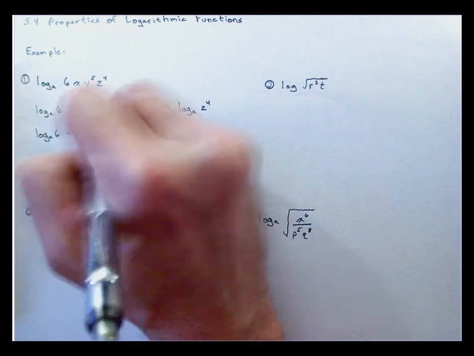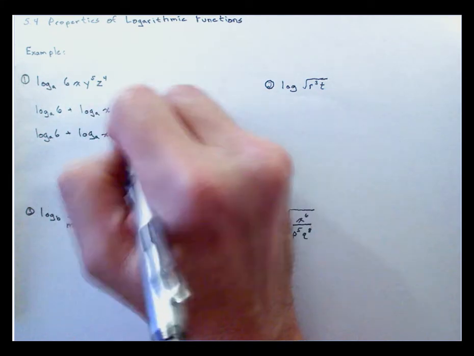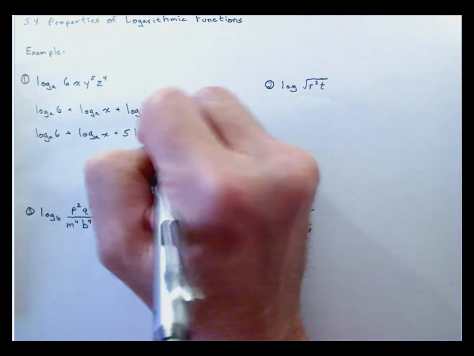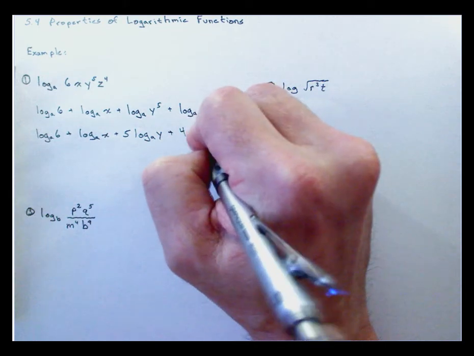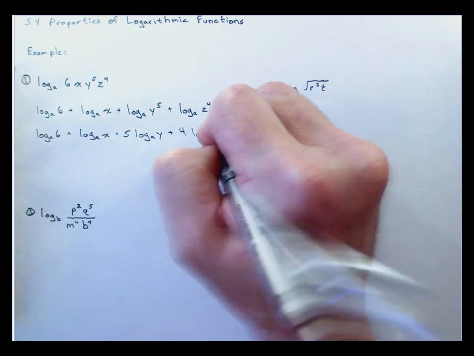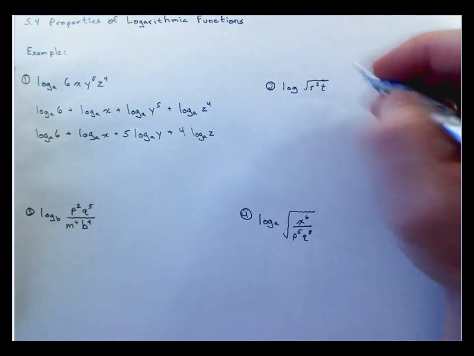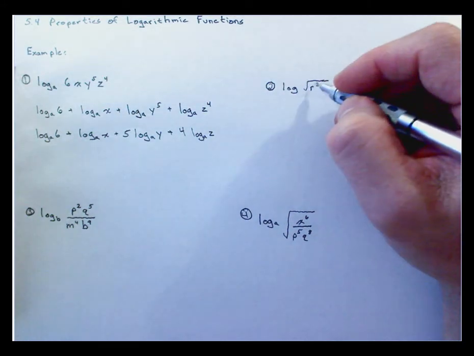And I would probably have just done this in one step. I would have already done my power rule also: 5 log base a y plus 4 log base a z. There's my answer.